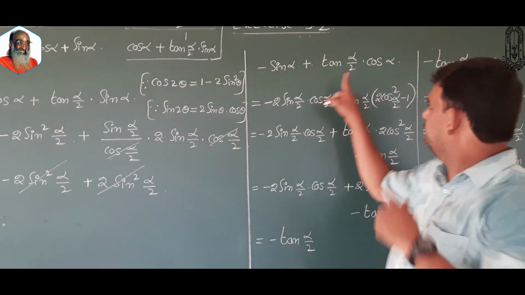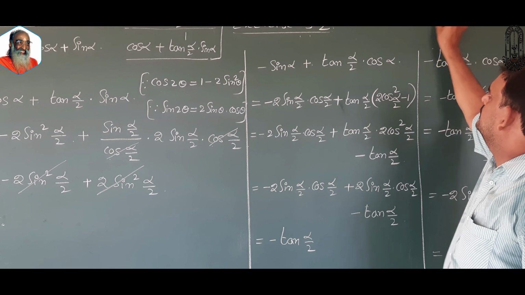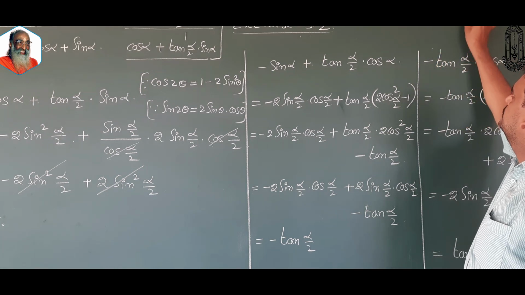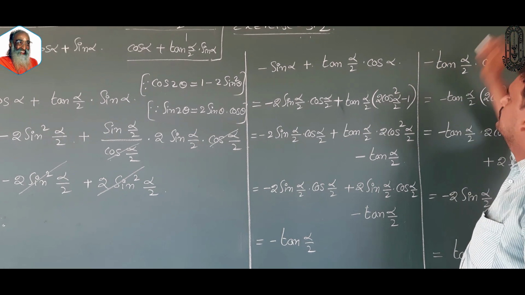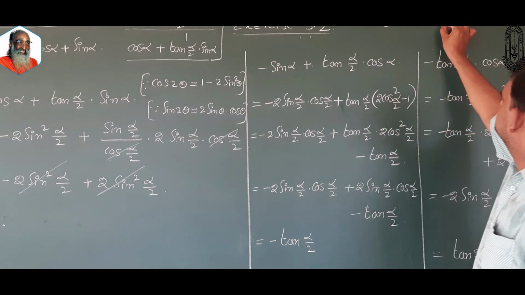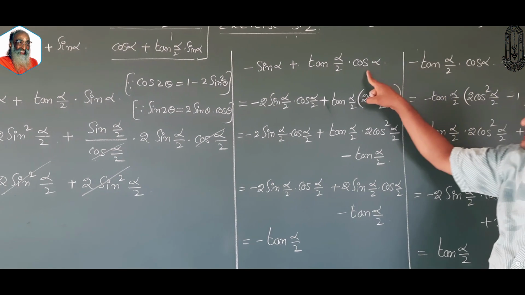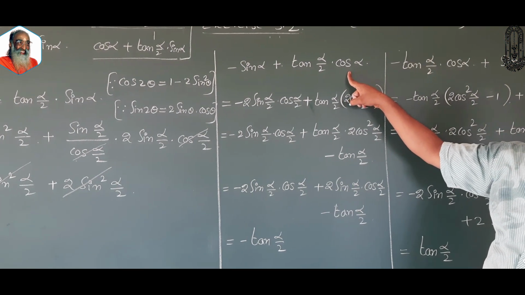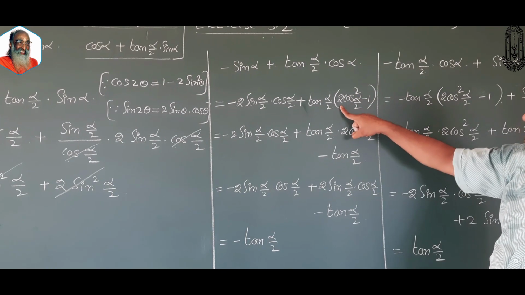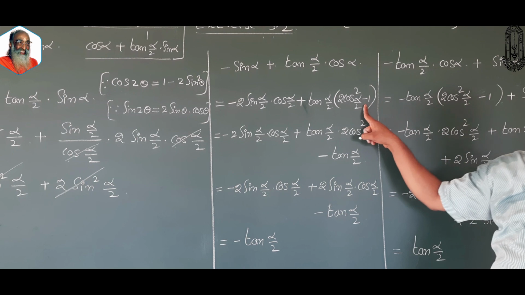Now for cos alpha, again we have a formula. Cos 2 theta can also be written as 2 cos square theta minus 1. When cos 2 theta is equal to 2 cos square theta minus 1, from this the submultiple cos alpha can be written as 2 into cos square alpha by 2 minus 1.